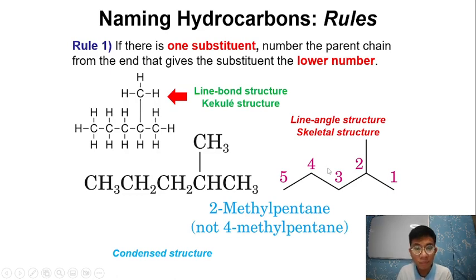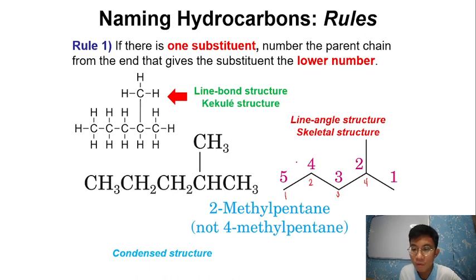Oh. Sabi dun sa isang slide natin, kapag may number before it. So, 2-methylpentane. Okay? So, this is not 4-methylpentane. Bakit? Kasi baka dito kayo nag-start. Kunwari lang. So, dito kayo nag-start 1, 2, 3, 4.